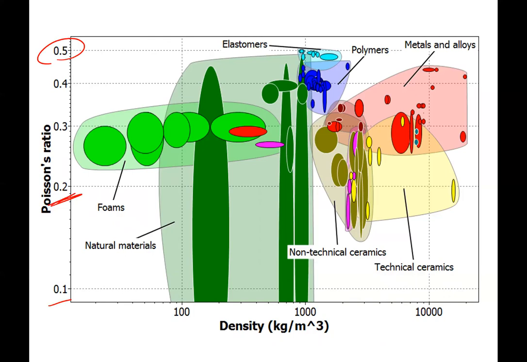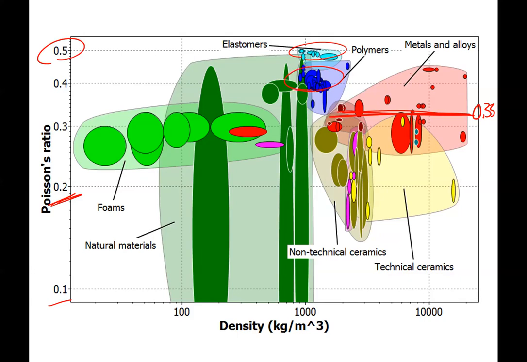We could roughly say that the metals are at about 0.33, or a third. You can see the elastomers are very close to the 0.5 value, polymers around 0.4.